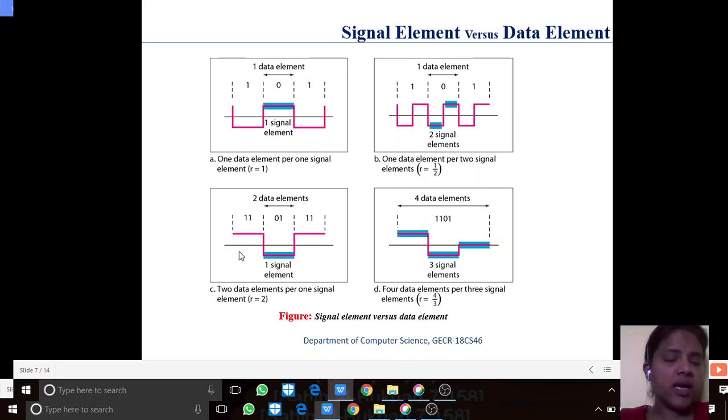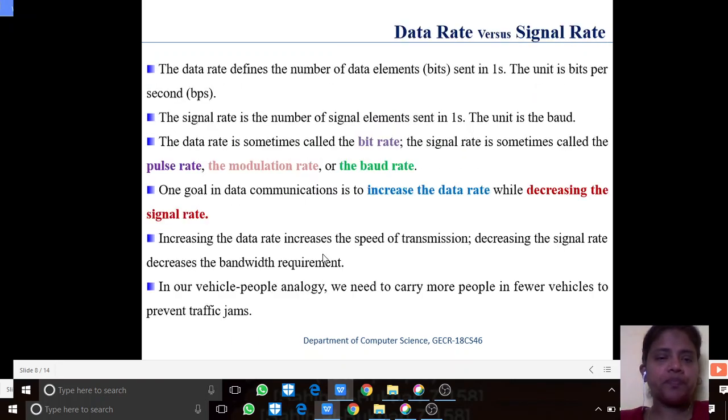I mean one vehicle carries two. So at the most, what is required here? You need to avoid the traffic jam. Whatever number of vehicles you use, you have to see that the data is transmitted from source to destination without jam, without any error. So this is the analogy.